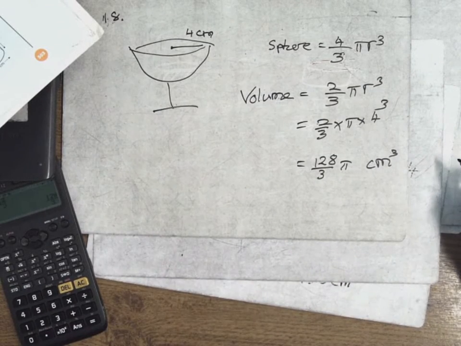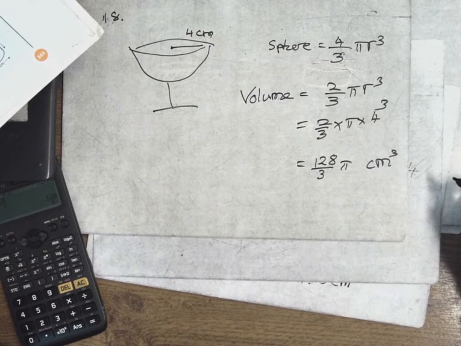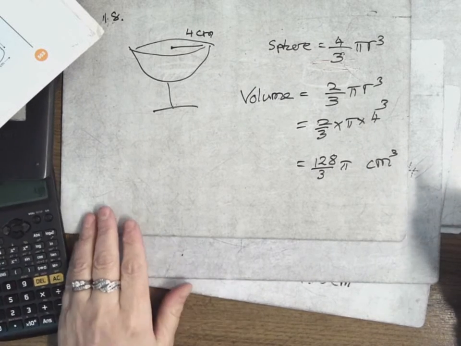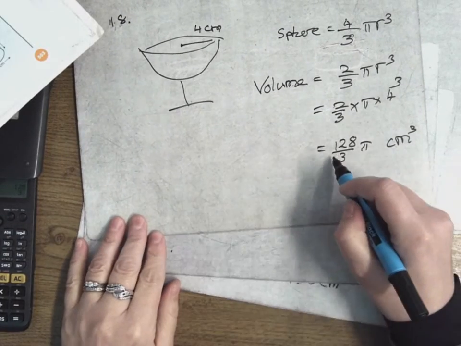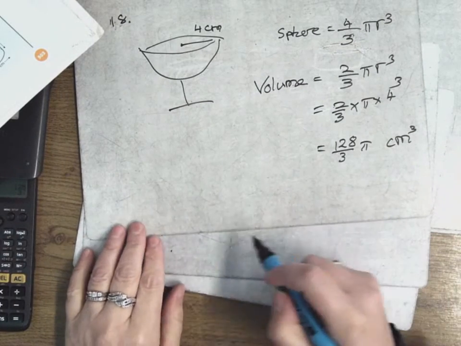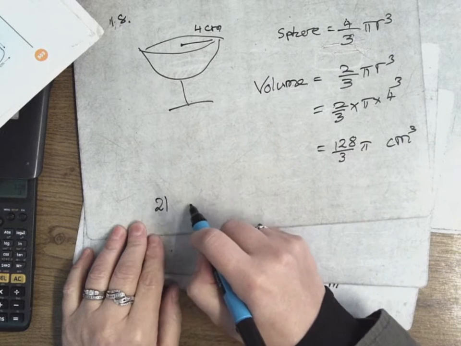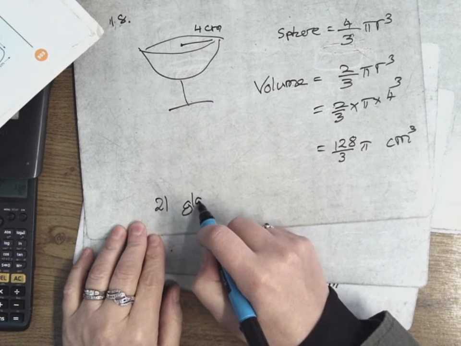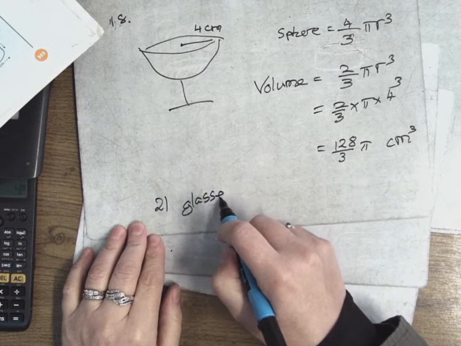Okay. A full cylindrical container of wine is just sufficient to fill 21 of these glasses. So basically, you have 21 of these glasses. What'll I do? Multiply by 21.